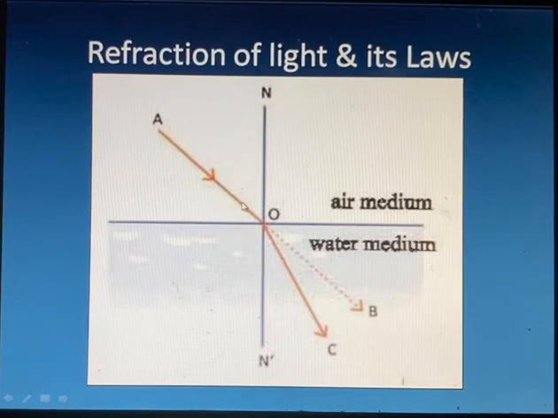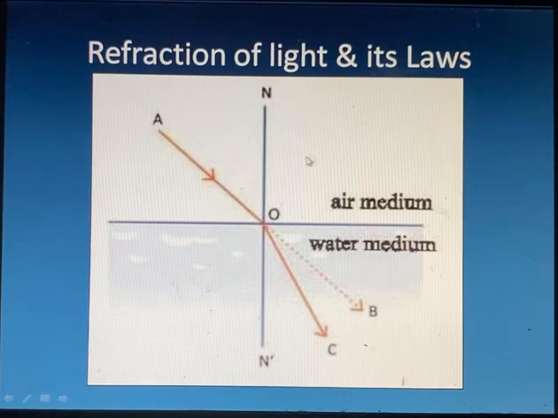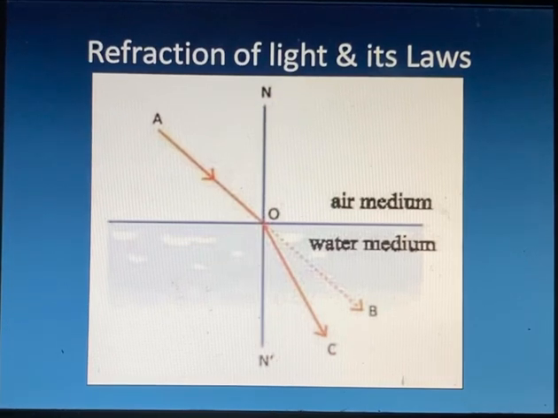So the second law states that for a particular color of the light rays, and a particular pair of medium, the ratio between the sine of the angle of incidence and the sine of the angle of refraction remains always constant.